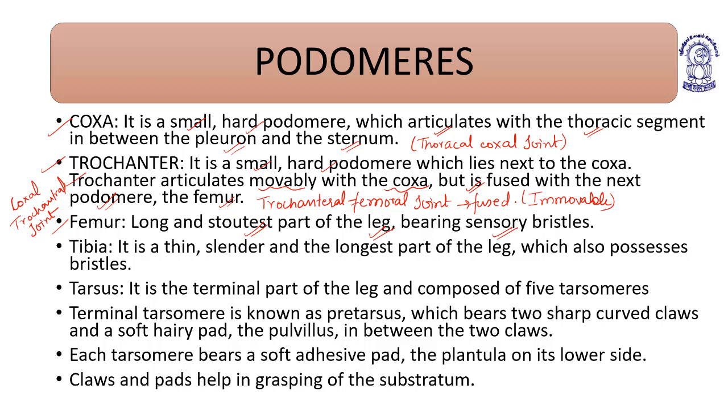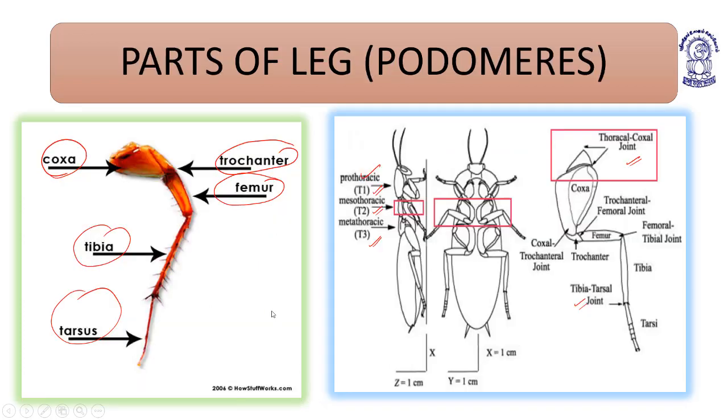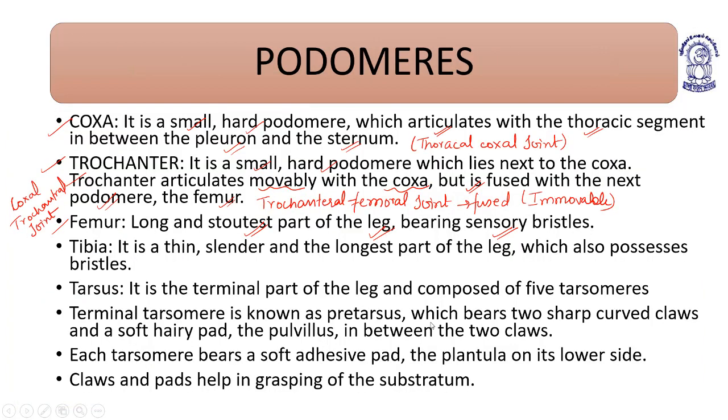Okay, I'll show you in the picture. Femur, you can see it has appendages attached to it. So femur is the long and the stoutest part of the leg, having sensory bristles.